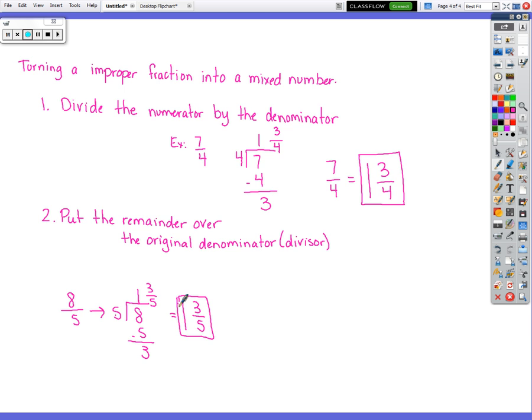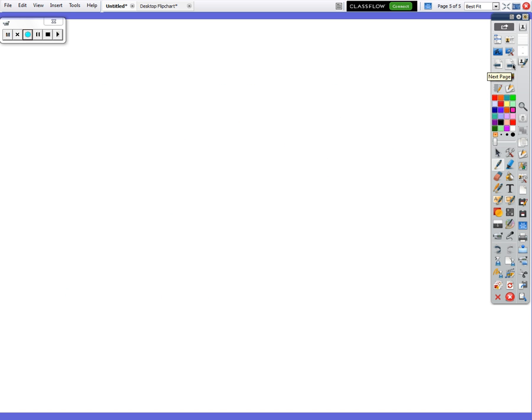Now it's time for you to try. I want you to try 12/5. Pause the video and work that one out. Okay, so I'm going to divide. 5 goes into 12 2 times. 5 times 2 is 10. Subtract, and I get 2. 2 becomes my numerator, and 5 is my divisor.